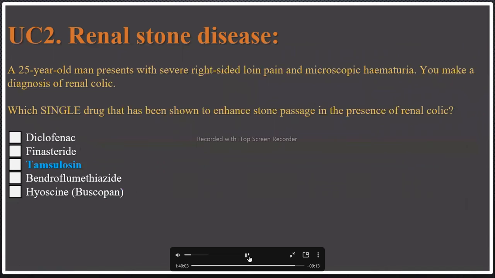Option 3, alpha blockers. Tamsulosin. Okay.